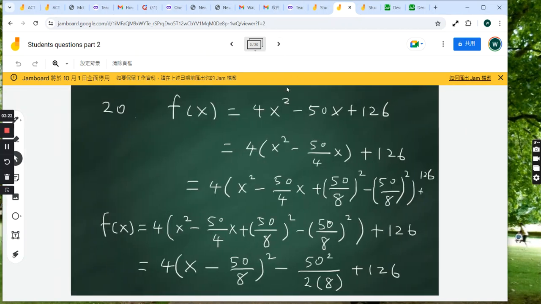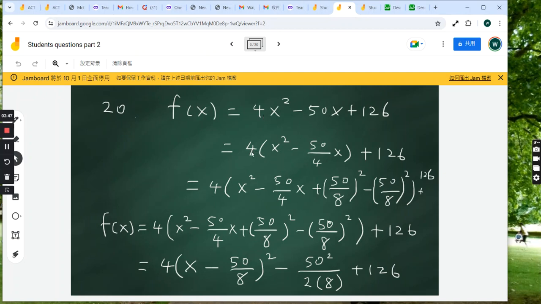All right, let's see. f of x equals 4x squared minus 50x plus 126. The first thing we do is put parentheses over the first two terms, and then bring the number 4 out front. Treat 4 as a factor and bring it out front.